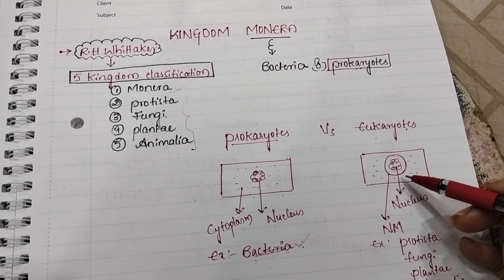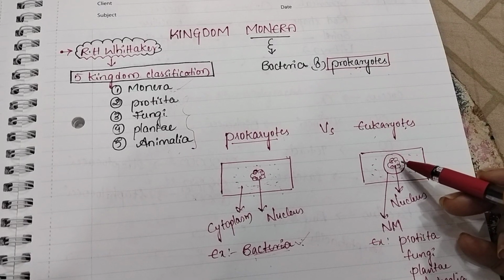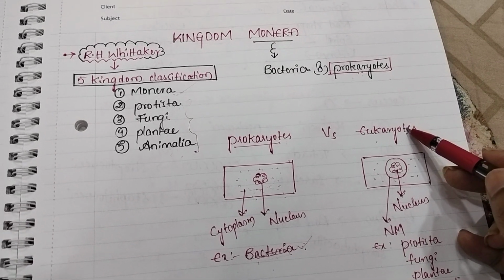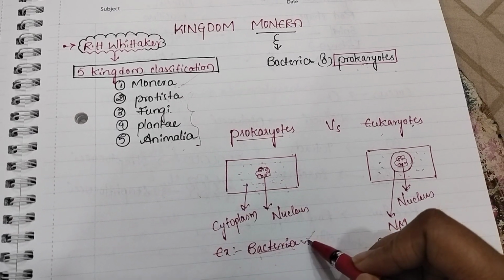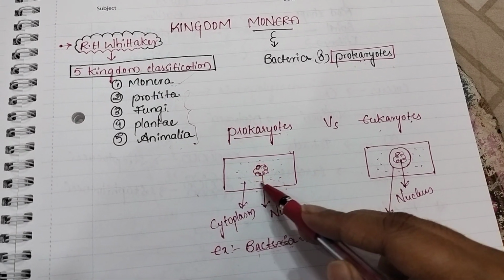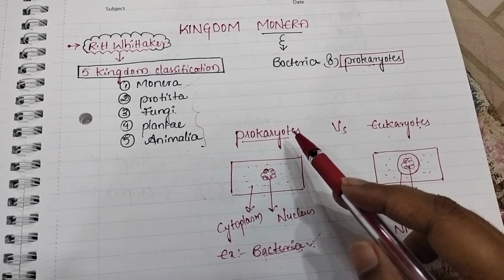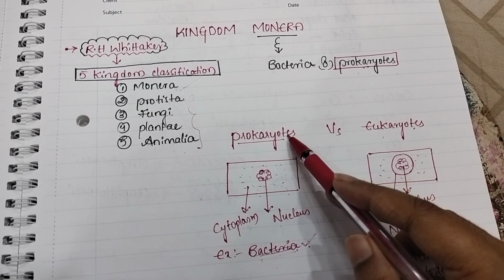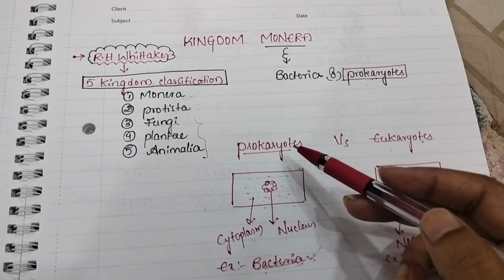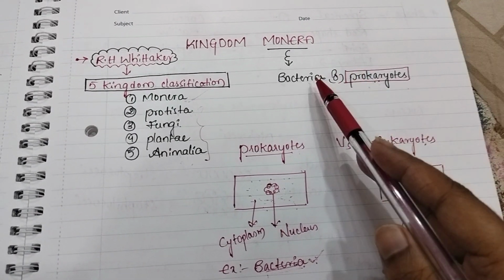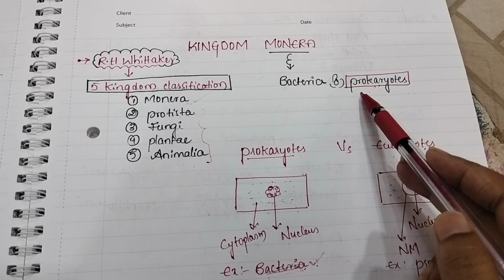And the organisms which have the nuclear membrane around the nucleus are called eukaryotes. Bacteria are the only organisms which do not have a nuclear membrane around the nucleus, so they are also called prokaryotes. Prokaryotes are also called bacteria, and bacteria are also called prokaryotes.